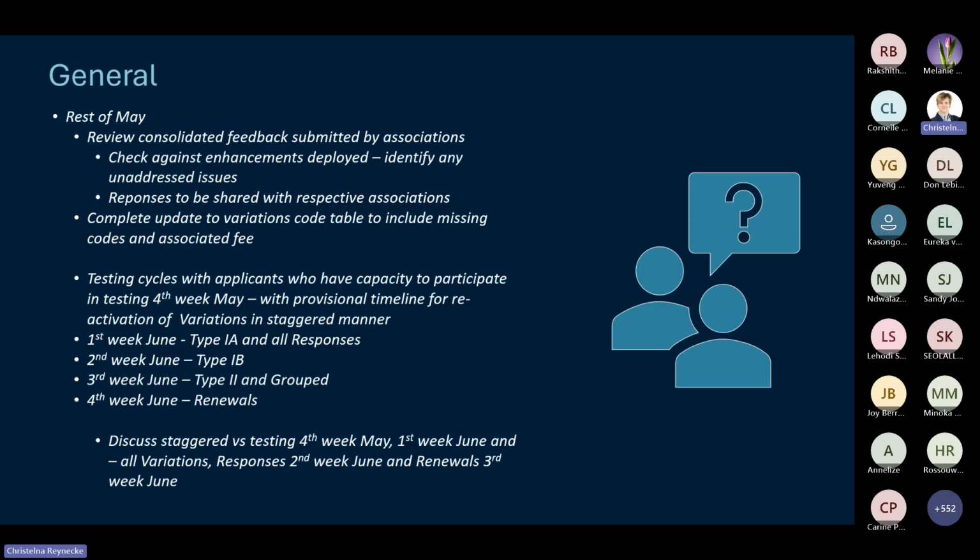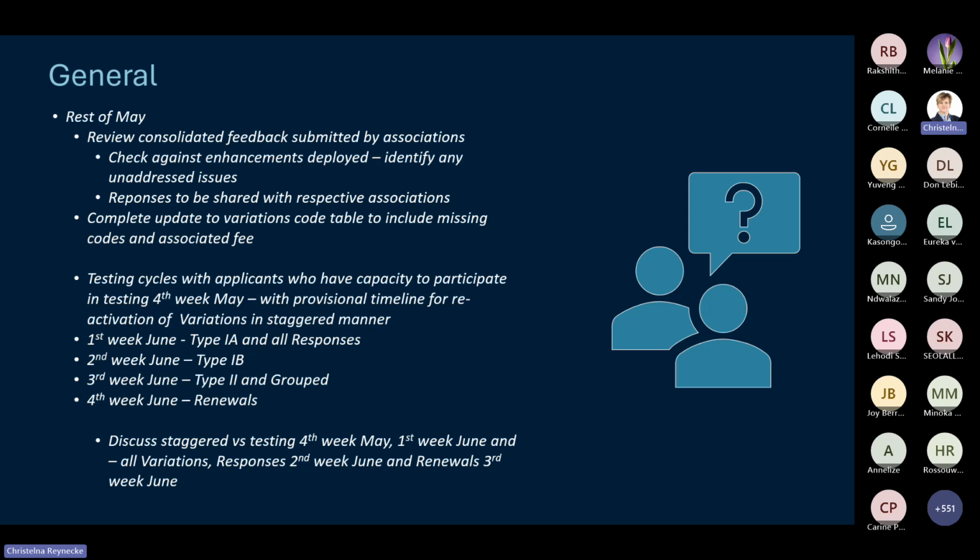For that, we will also put out a call for parties that might be interested in coming to do some testing with us online, so that we can run it through different scenarios and make sure that we have some volume that runs through the portal to ensure that it runs smoothly. All of the codes that we're expecting to see are there. All of the codes have an associated fee. And of course, that the order forms generate when you are ready to download your order form and make payment.